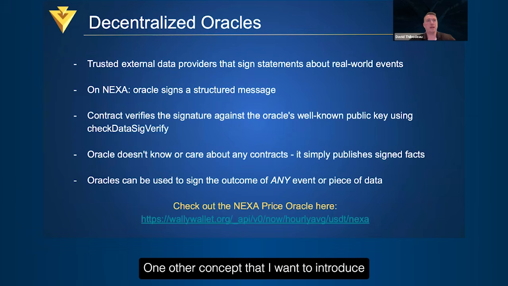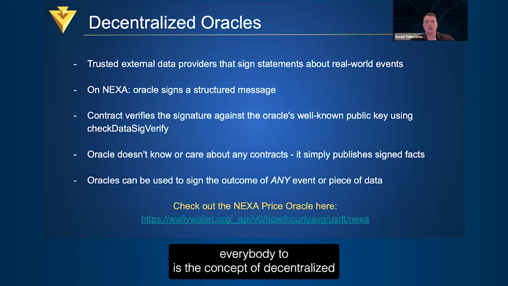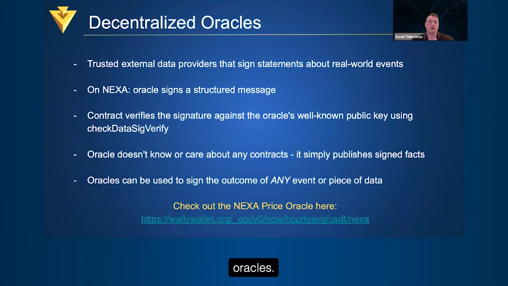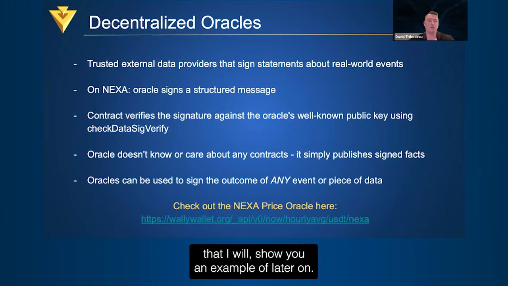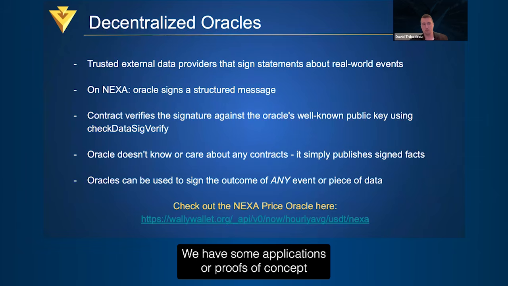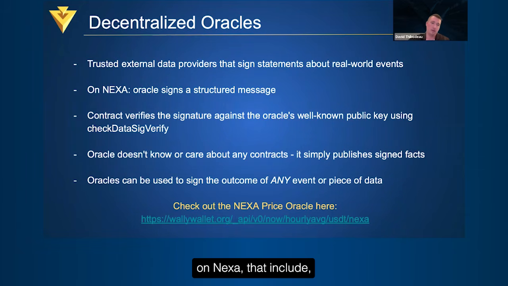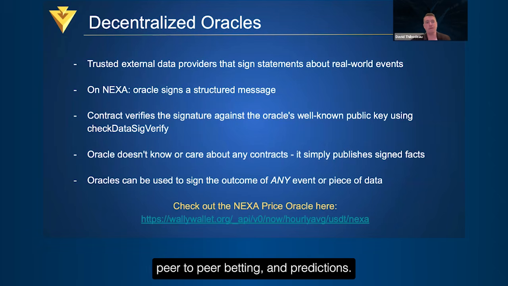One other concept that I want to introduce everybody to is the concept of decentralized oracles. Oracles come into play in the contracts that I will show you an example of later on. We have some applications or proofs of concept on Nexa that include peer-to-peer betting and predictions.